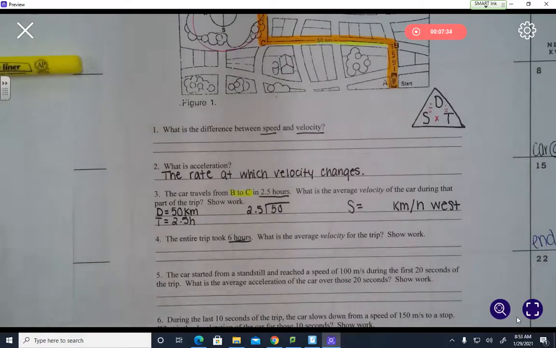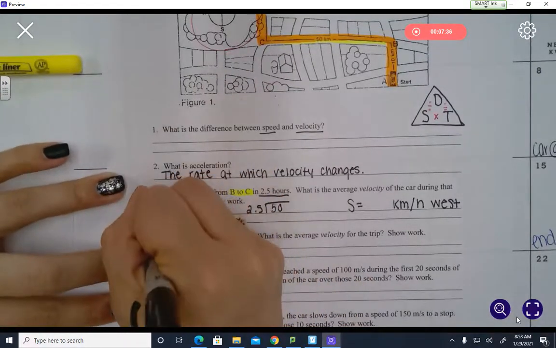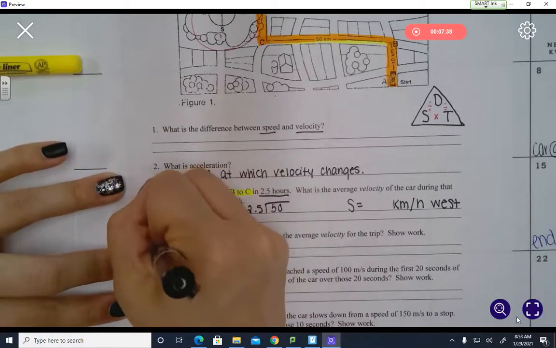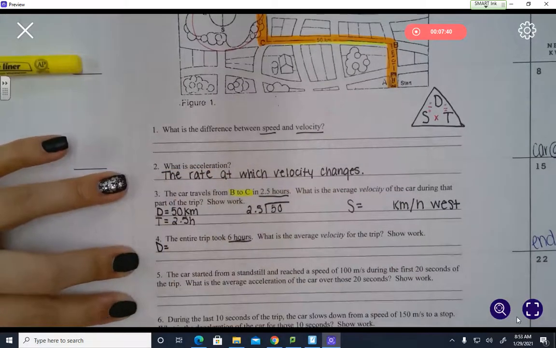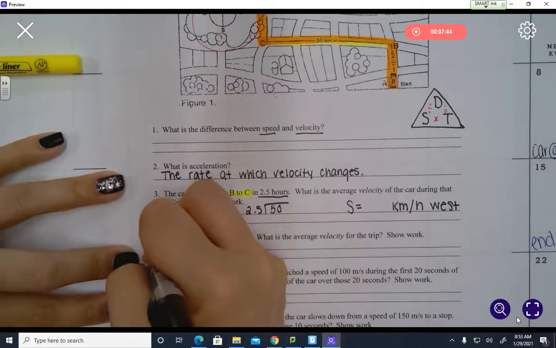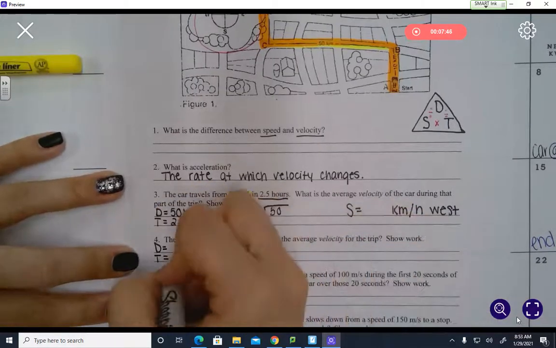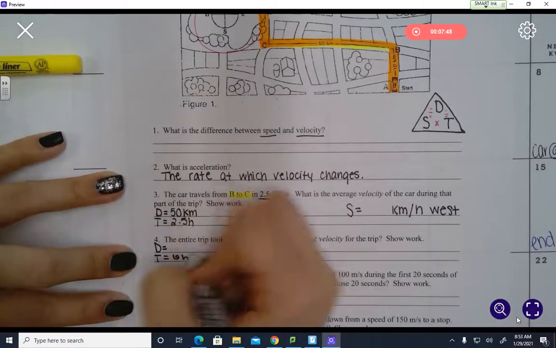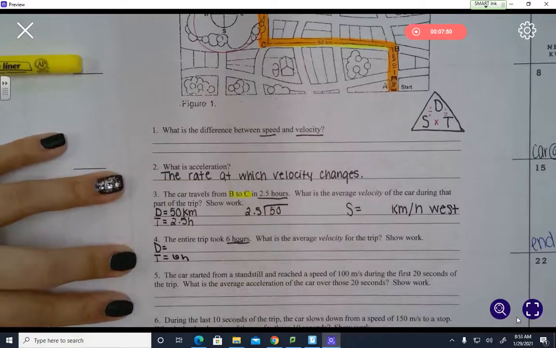So our distance here, what would we have to do there? We know our time is going to be 6 hours. How would we find our distance? Good, we have to add them all up.